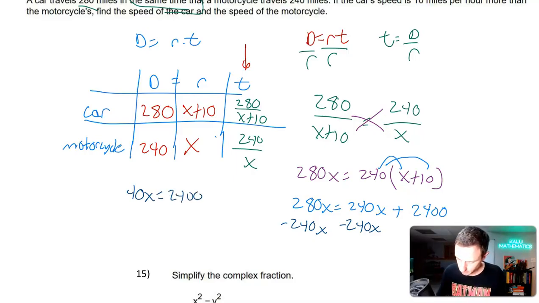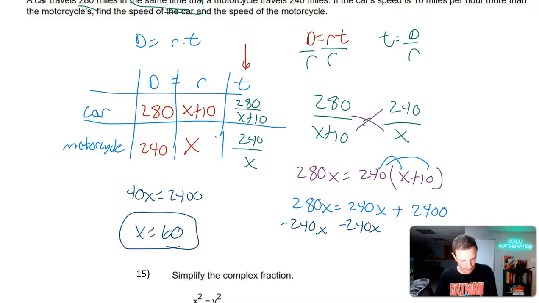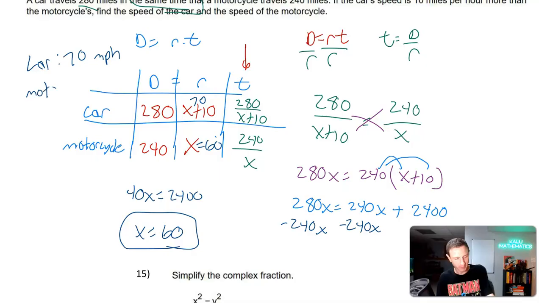Divide by 40, x equals 60. So x equals 60, so that means the motorcycle is going 60 and the car is going 70. So the car is going 70 miles per hour, and the motorcycle is going at 60 miles per hour.